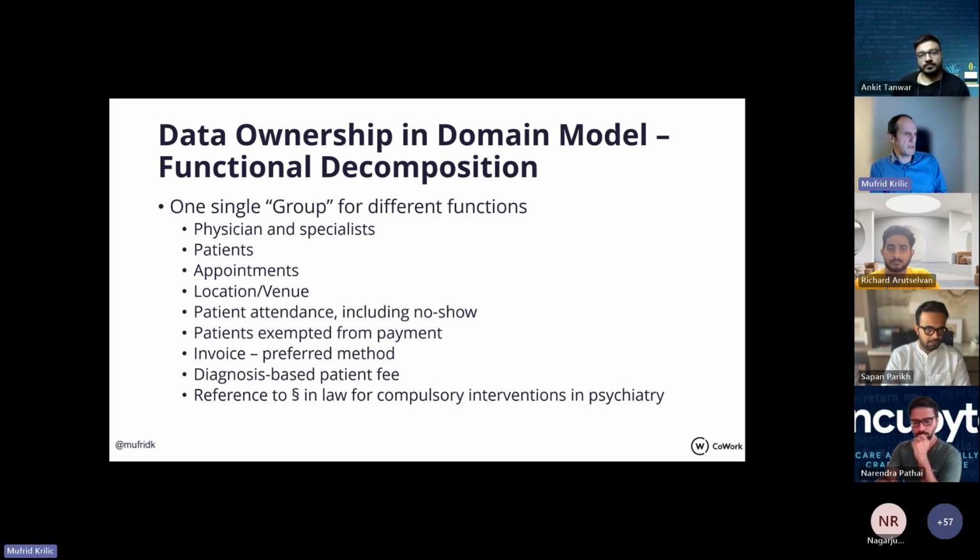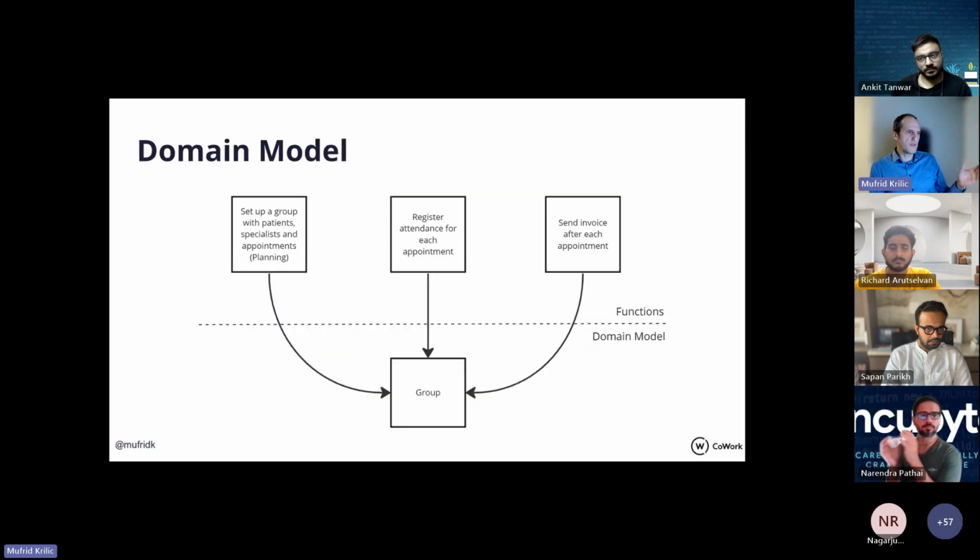I guess it's common in many countries. To perform all these functions, planning a group and appointments, conducting appointments, sending invoices, we need all these attributes. This is what data ownership tells us about the functional decomposition approach. We could have split along the functions, but usually we don't, because functional decomposition leads us to one model serving all these different functions.